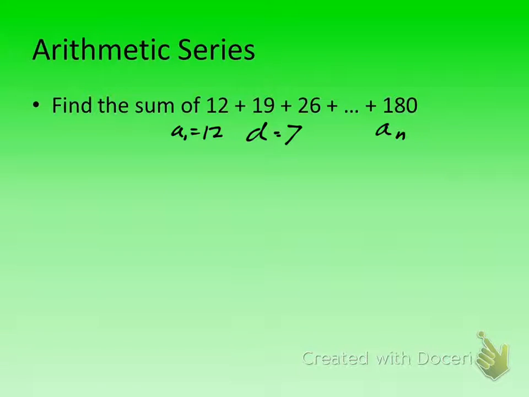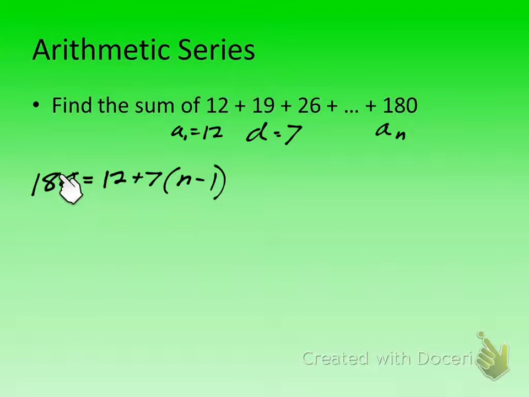What is n? n is the term placement. So a sub n is 180. All right, so your formula from yesterday: 180 equals a sub 1 of 12 plus your d, which is 7, times the quantity n, which you don't know, minus 1.